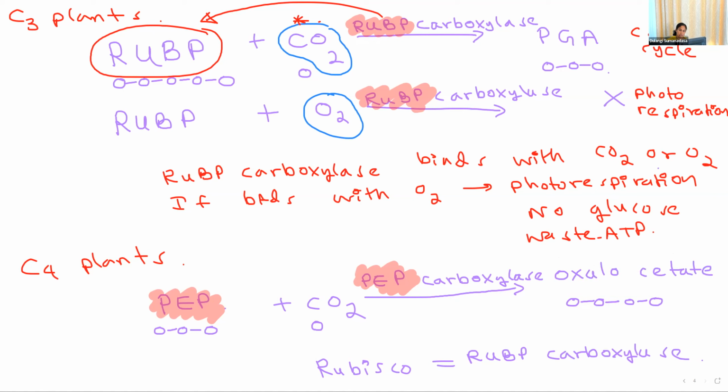Oxaloacetate is a 4-carbon compound. And can you write down underneath, PEP carboxylase is more efficient because it only binds with carbon dioxide, never ever with oxygen.